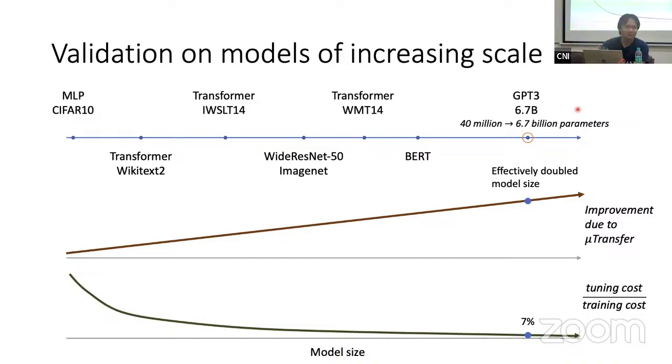It's a very simple tuning algorithm because we don't want to do anything clever here. The tuning cost is the cost of training a 40 million parameter model times 100, because we tried 100 different sets. You can calculate the flops of that, and the denominator, the training cost, is the same thing but 1 times the cost of training the 6.7 billion model.